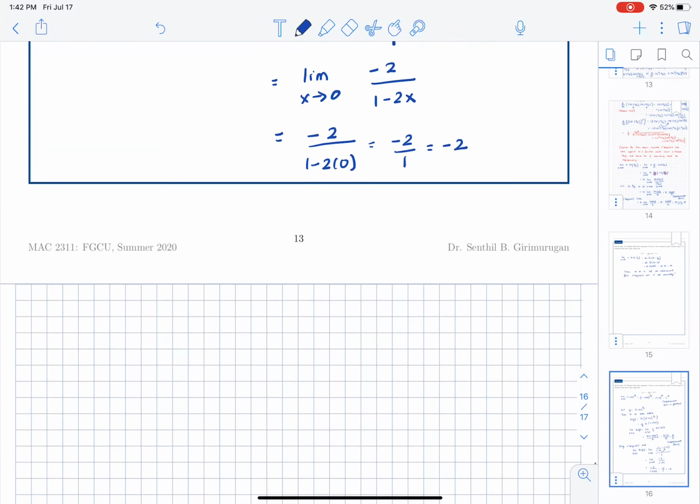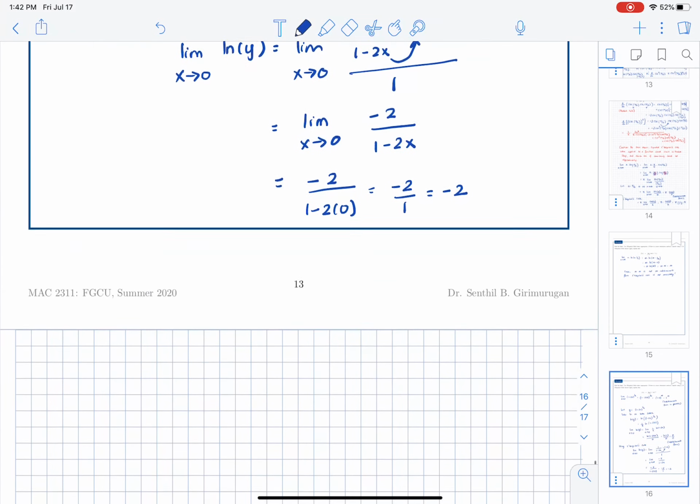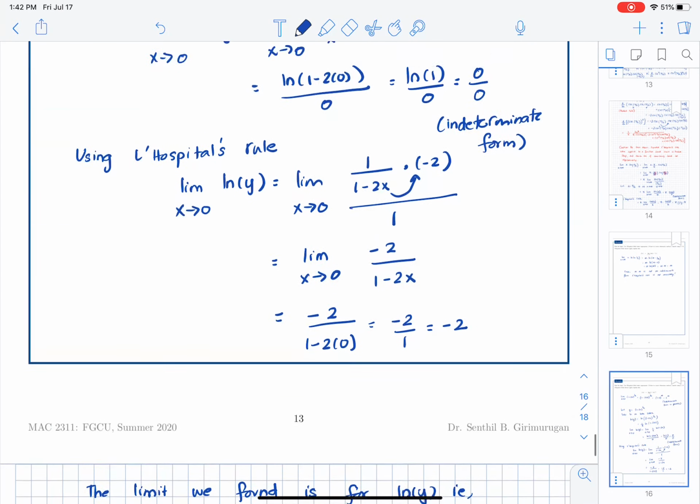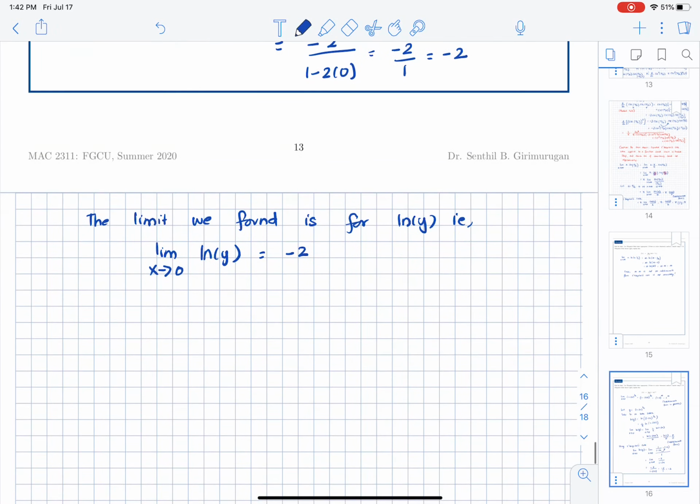So, are we done? We are not. Keep in mind the limit we found is for ln of y. We did the limit as x approaches 0 of ln of y, and that ended up being negative 2.